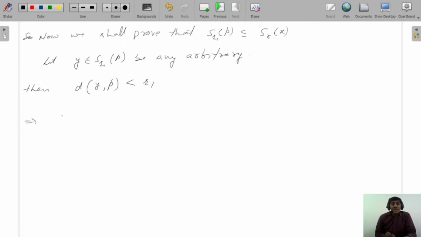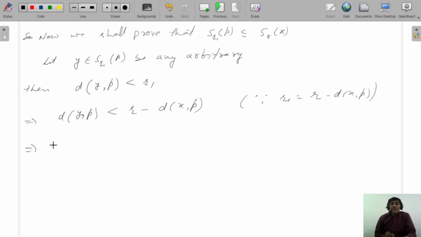This implies distance between y and p is less than r minus distance between x and p, because r1 is equal to r minus distance between x and p.